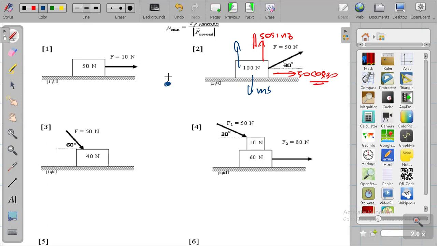If you draw a free body diagram, the reaction force is upward, 50 sine 30 is upward and mg is downward. So if you apply that to the reaction force here, R plus 50 sine 30 is equal to mg.